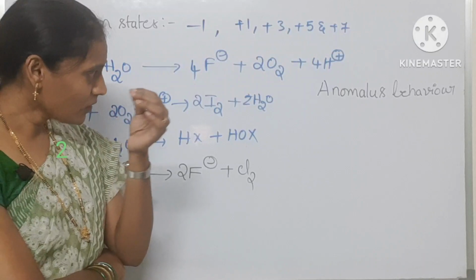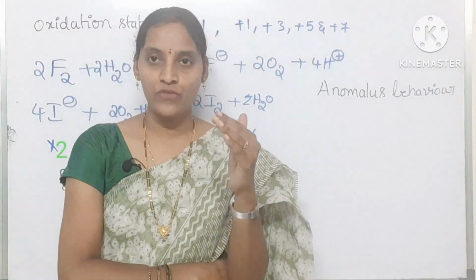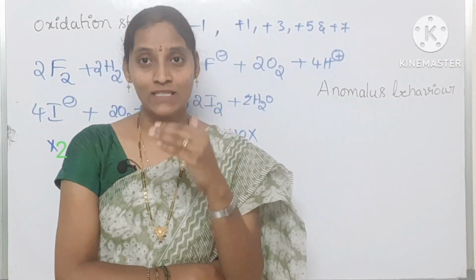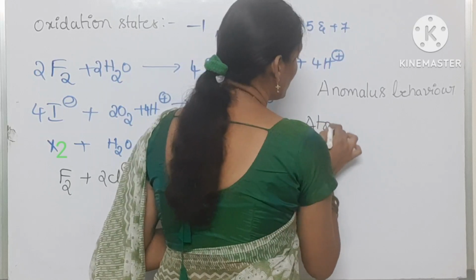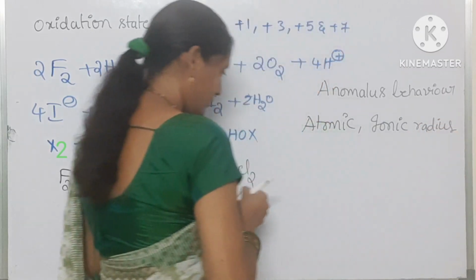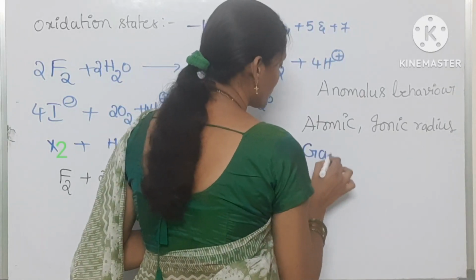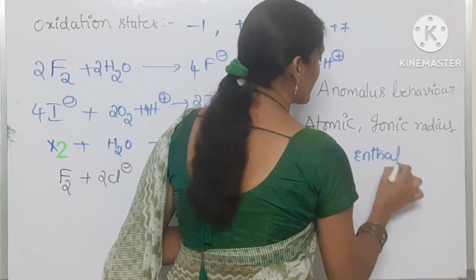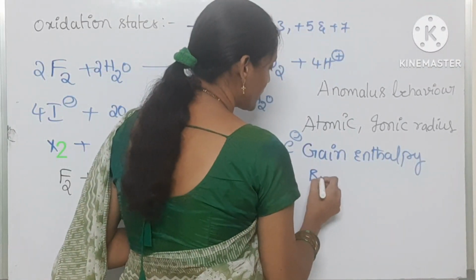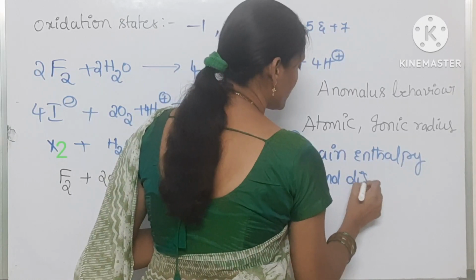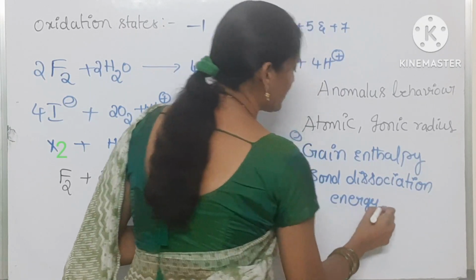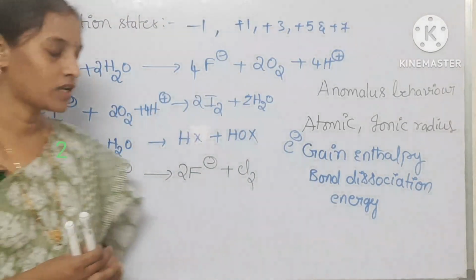If you expected some value for atomic radius, ionic radius, electron gain enthalpy, bond dissociation energy, but fluorine has all less values: atomic radius, ionic radius, electron gain enthalpy, and bond dissociation energy are all low when compared to the expected values because of those four reasons.